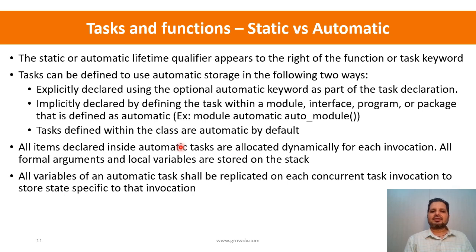Both of these in some way mean the same thing, but this is an important point: when it is automatic, both the arguments that we are using as well as the variables that we are declaring inside all get allocated on the stack. What that translates to for us as users is that concurrent invocations of the same task will have their own independent set of values. That's what it translates to.